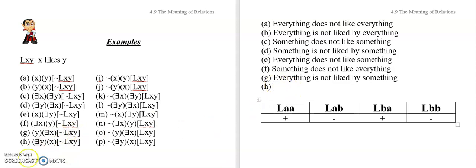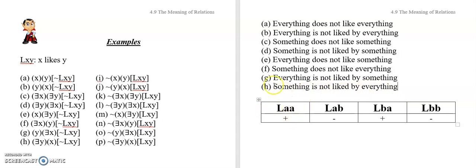All right. Let's do H. At least one thing is not liked by everything. So we'll do something is not liked by everything, right? So either A or B has to be not liked by everything. That is, by itself and by everything else. So let's check the object A. Is A such that it is not liked by everything?